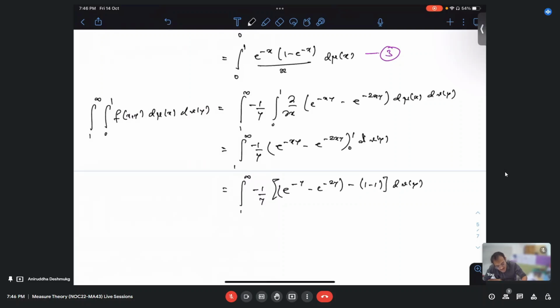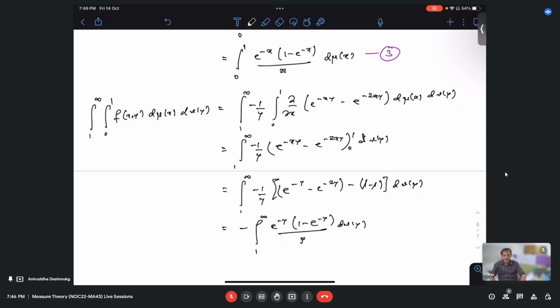But yeah, none of the terms are 0. So this is 1 to infinity, minus e to the power minus y minus e to the power minus 2y. Or maybe I'll write it in that way. So minus 1 to infinity e to the power minus y into 1 minus e to the power minus y over y d nu y.